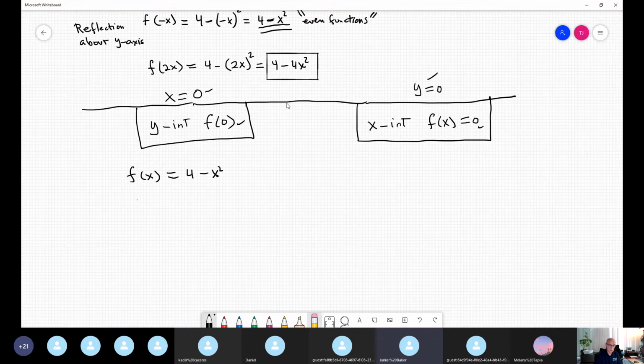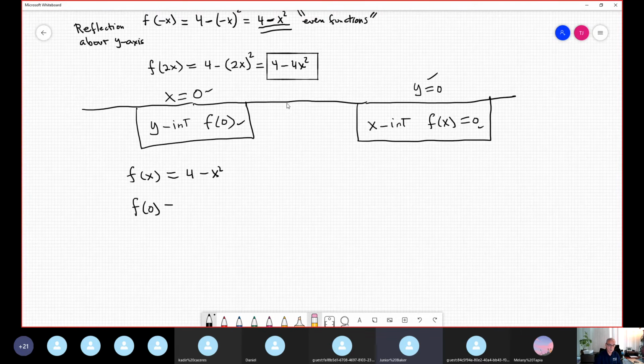Well, okay, let's do it. You evaluate at 0: 4 minus 0 squared. 0 squared is 0, 4 minus 0 is 4. Therefore, the y-intercept is located at the point (0, 4), because the assumption was x is 0, and the y corresponded with this 4. Now I'm ready to plot the point.